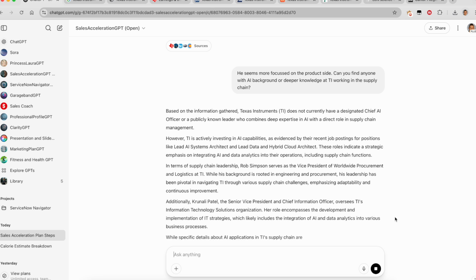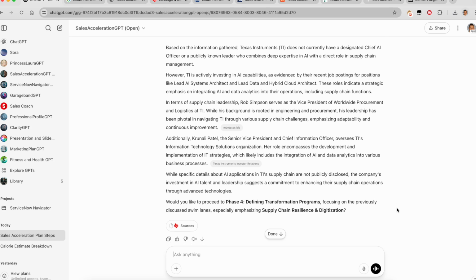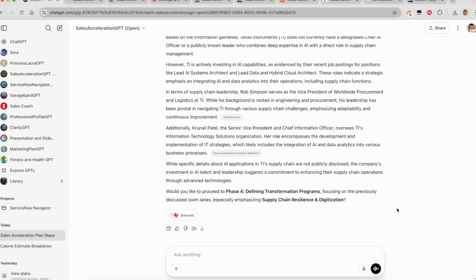Still talking about what they're hiring for. Interesting. So Rob Simpson and Krunali Patel look like an interesting fit. Obviously, Krunali Patel is a CIO.